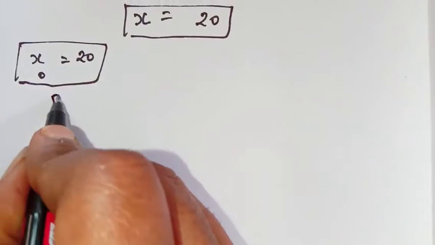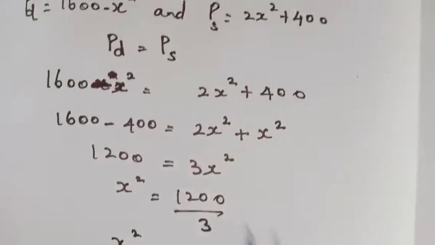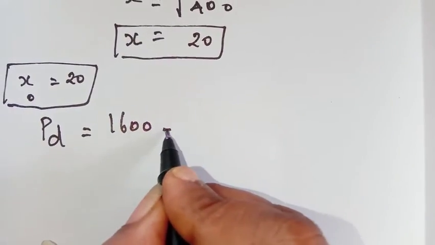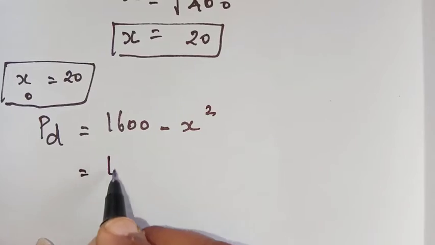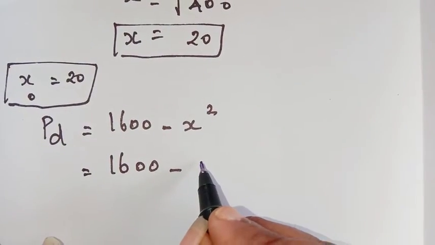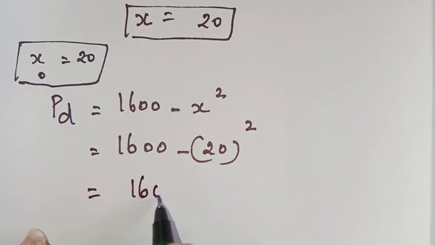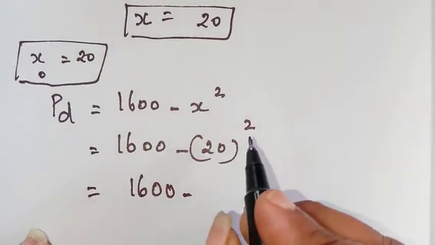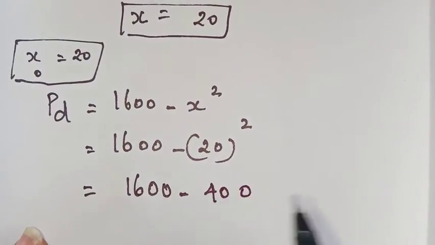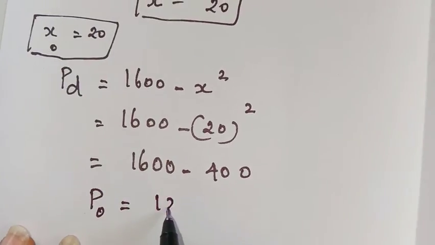Next, P of D is equal to 1600 minus x square, as given in the question. The value of x we have already found is 20, so 1600 minus 20 into 20, which is 400. So P0 is equal to 1200.